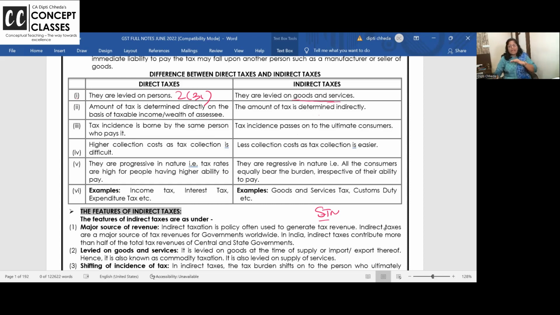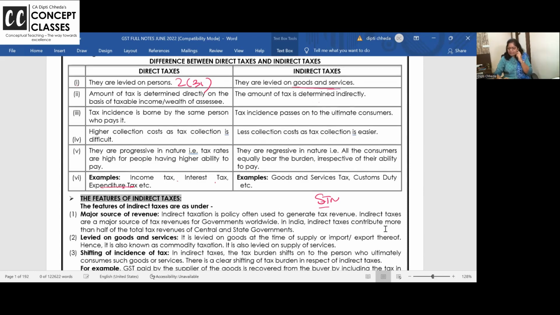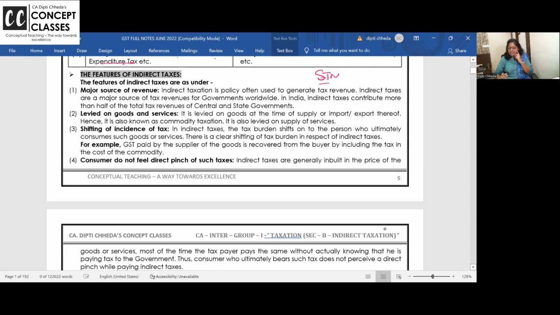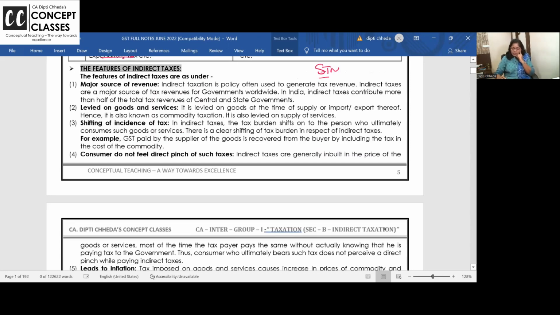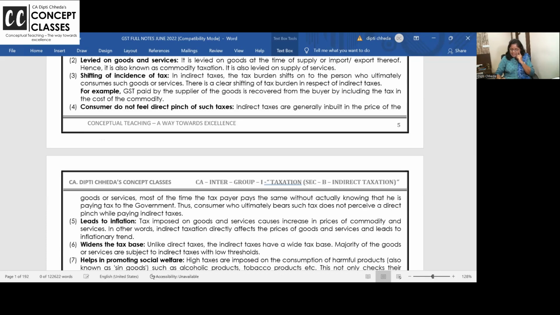All consumers will bear it equally. Examples of direct tax: income tax and all. Examples of indirect taxes: GST and customs duty. ठीक है? This is also not there. Only income tax is there. ठीक है? चलो. Now, what are the features of indirect taxes and all?